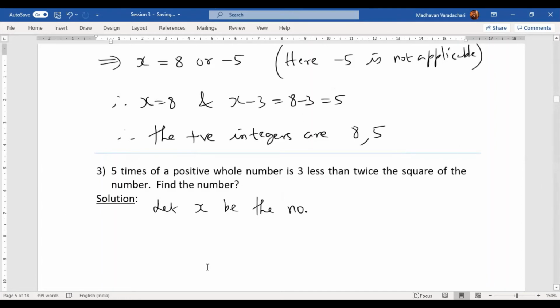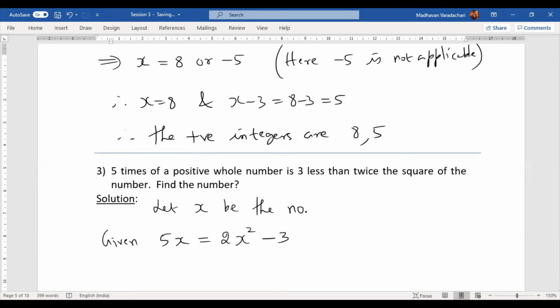What it says, 5 times a whole number means given 5 times x is equal to 3 less than twice the square of the number. Twice square of the number less 3.